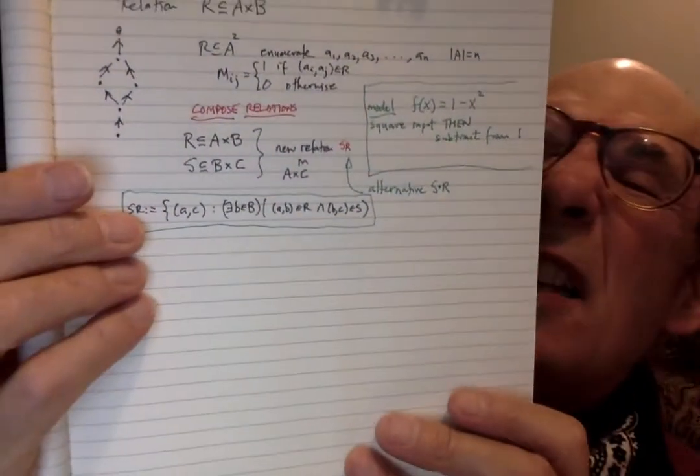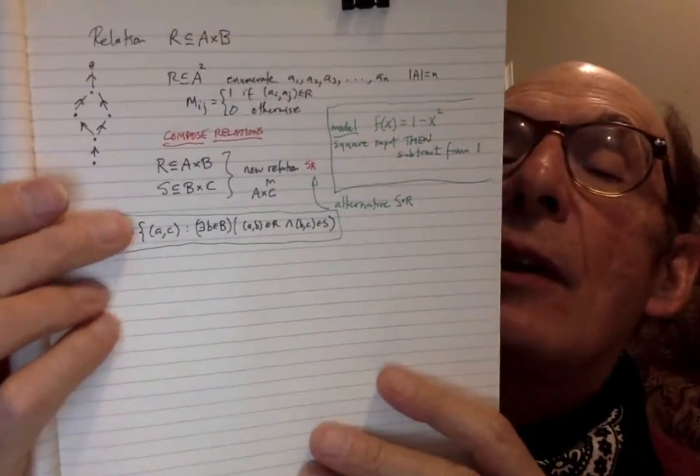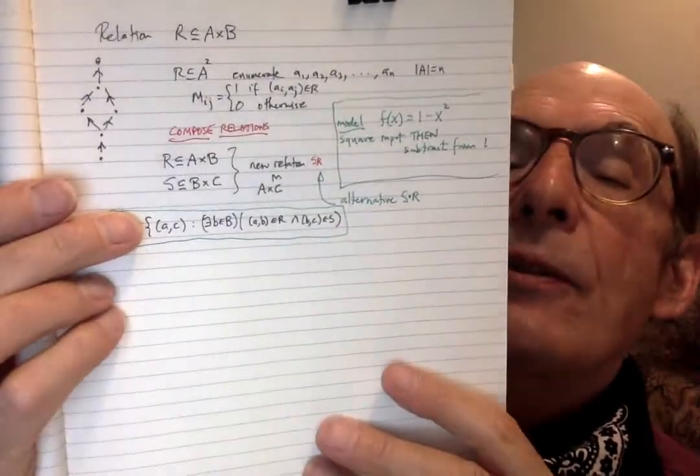And the property that b has to have is that A comma B is in R and B comma C is in S. So that's the definition of this composition. I'll bet that's probably one of the most complicated set definitions that we've seen. So let's see it. It's got the brackets, so it's a set.